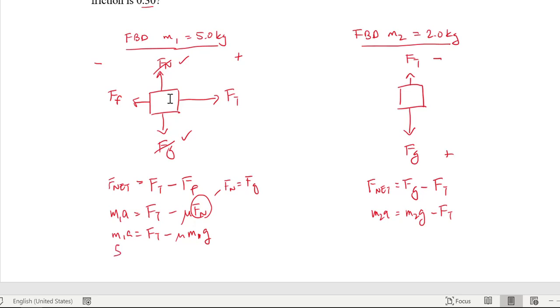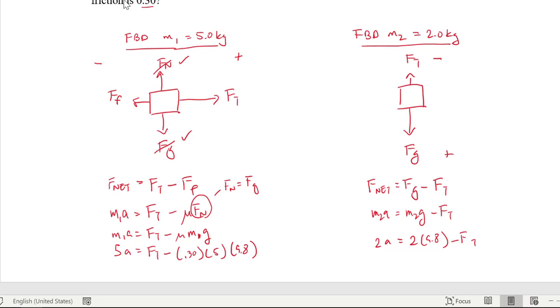So this was 5A equals Ft minus 0.30 times 5 times 9.8. And this is going to be 2A equals 2 times 9.8 minus Ft. Now I'm going to leave you guys to do this on your own. You should be able to do it now.